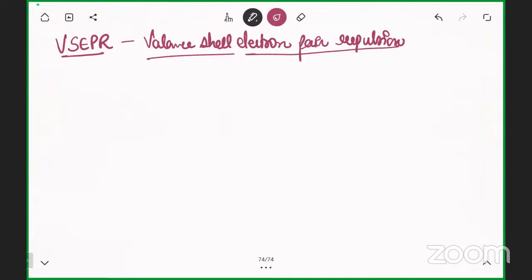The scientists who gave this theory are Sidgwick and Powell. So these are the two scientists who gave this theory.